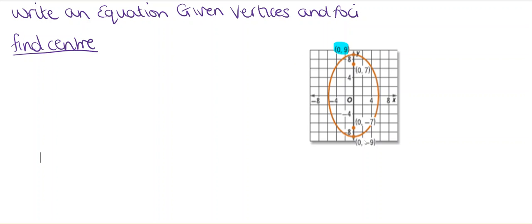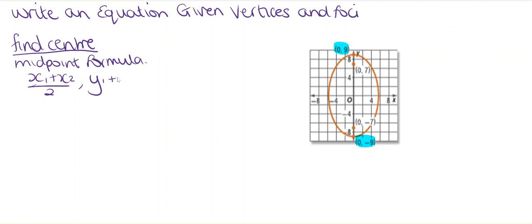We have 0, 9 and 0, -9. So we could use the midpoint formula. We need to add our x1 and x2 coordinates together and divide by 2, and our y1 and y2 coordinates together.